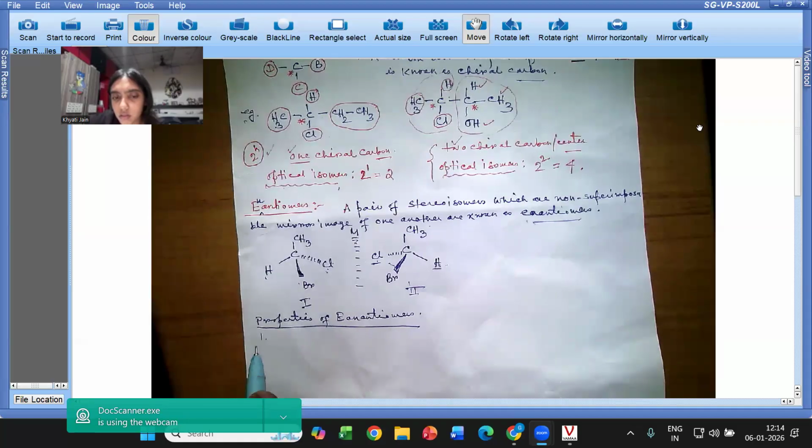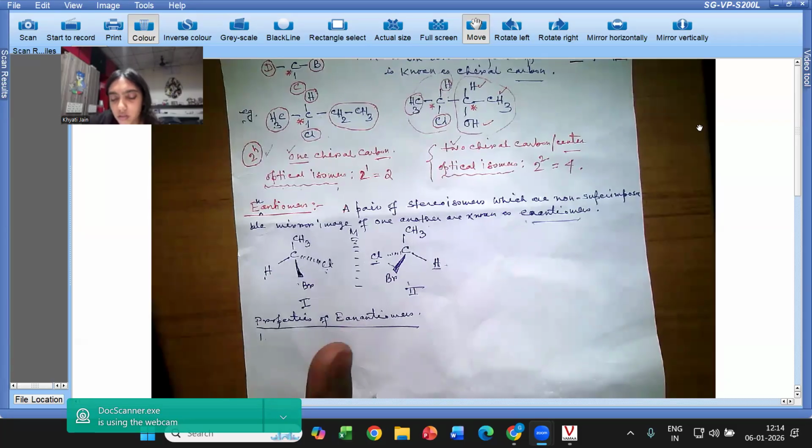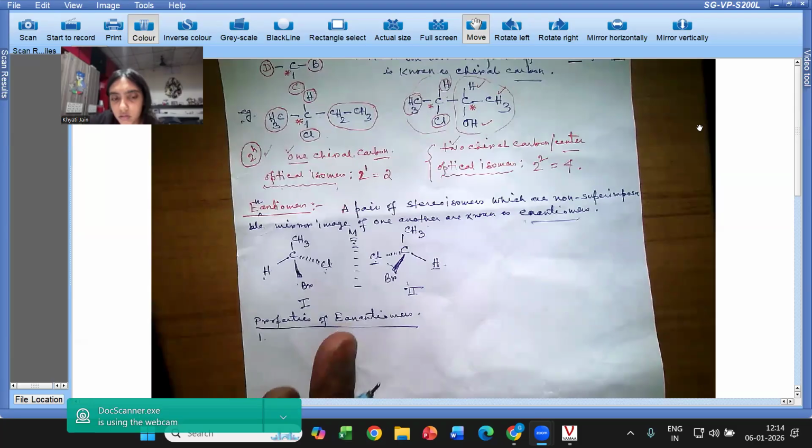Number one, enantiomers have the same physical properties like boiling point, melting point, solubility, dipole moment, and refractive index. Therefore, a pair of enantiomers cannot be separated by physical techniques like fractional distillation, crystallization, etc. Number two, enantiomers have the same chemical properties towards optically inactive reagents, but they react differently with optically active reagents.